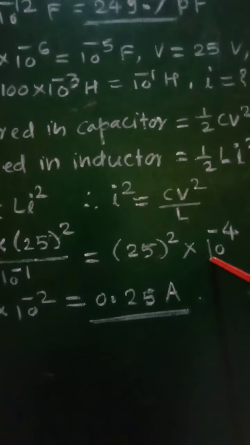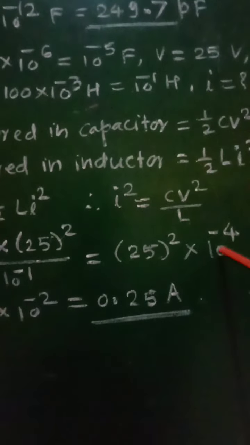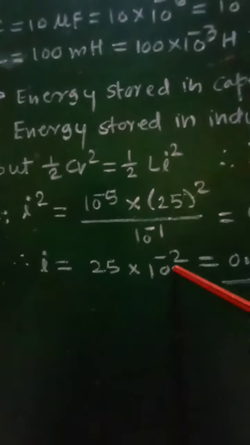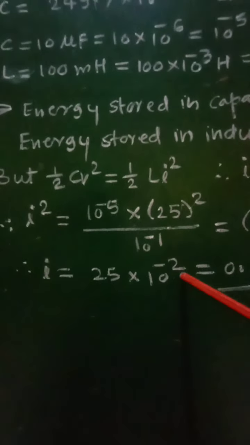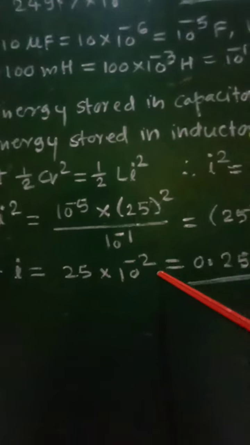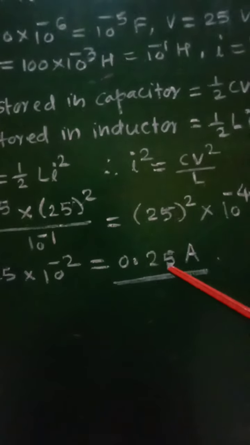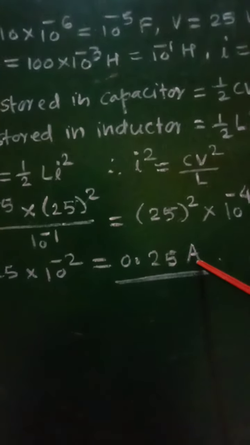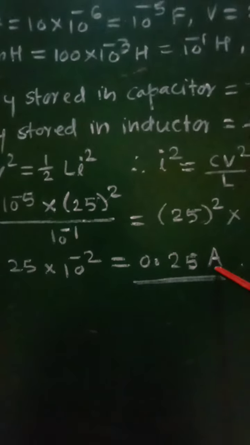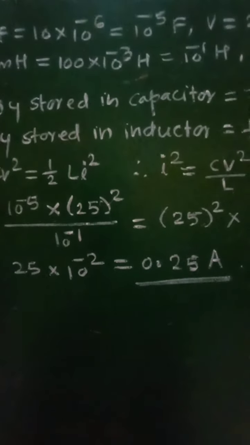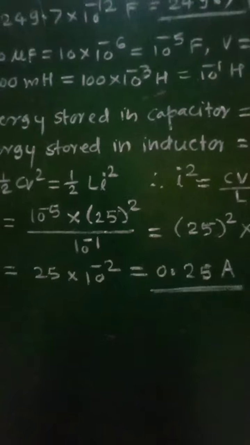Taking square root, we will get I is equal to 25 into 10 raised to minus 2, which comes out to be 0.25 ampere. This will be the required value of current.